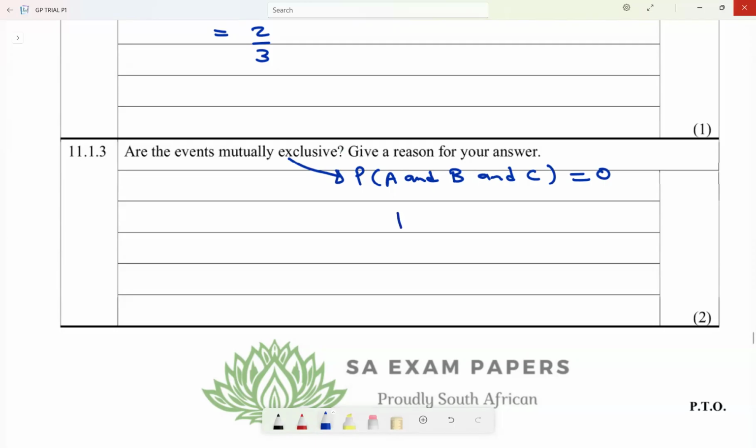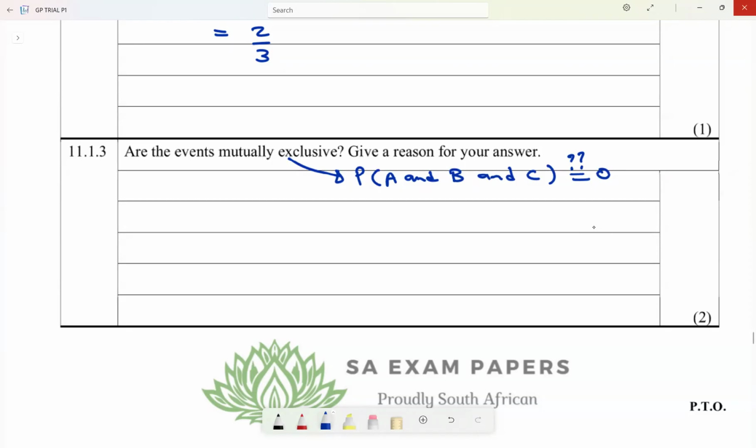Remember, when we have 2 events and the probability of A and B is equal to 0, then these events are mutually exclusive. But if we have 3, the probability of A, B, and C is equal to 0. So we need to prove: are they equal to 0 now? I'm going to put a question mark on top of the equal sign.